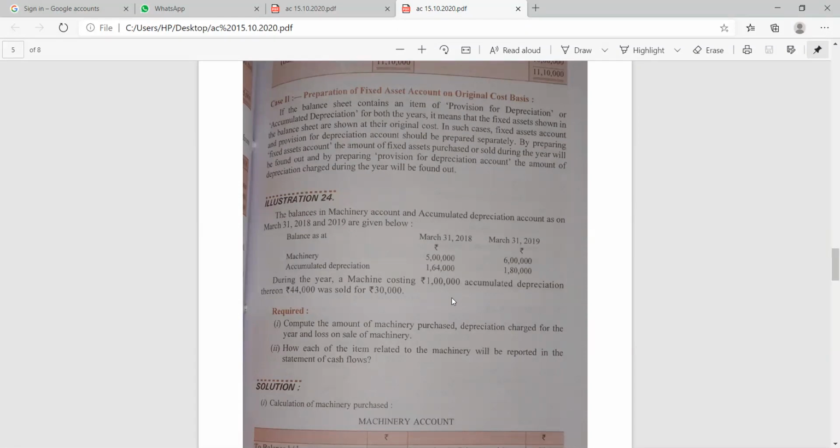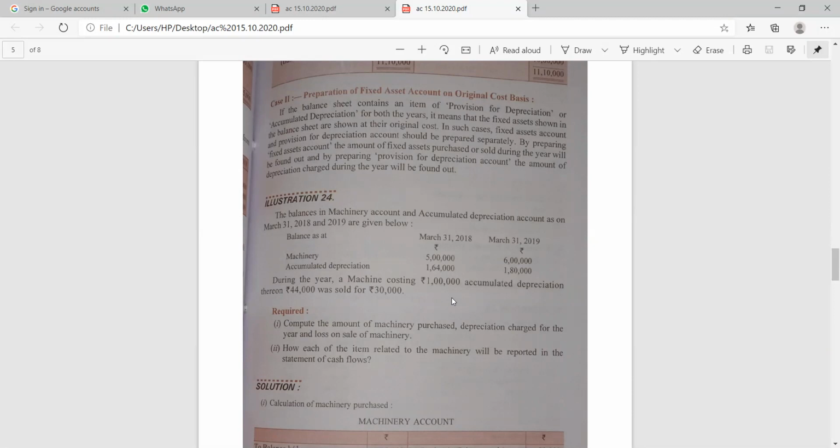When the cost is given to you as well as the accumulated depreciation account. If you remember, in the 11th class, in depreciation accounting, we studied that when a depreciation account is separately prepared, your fixed assets are always shown at the original cost. Whatever the original cost is, it will remain as it is.